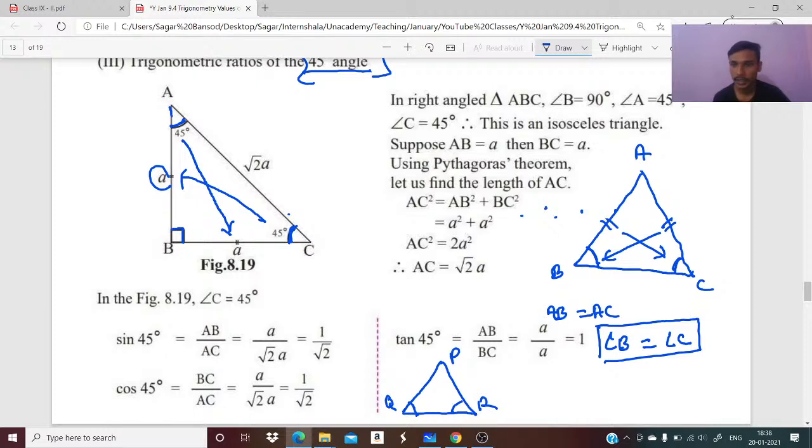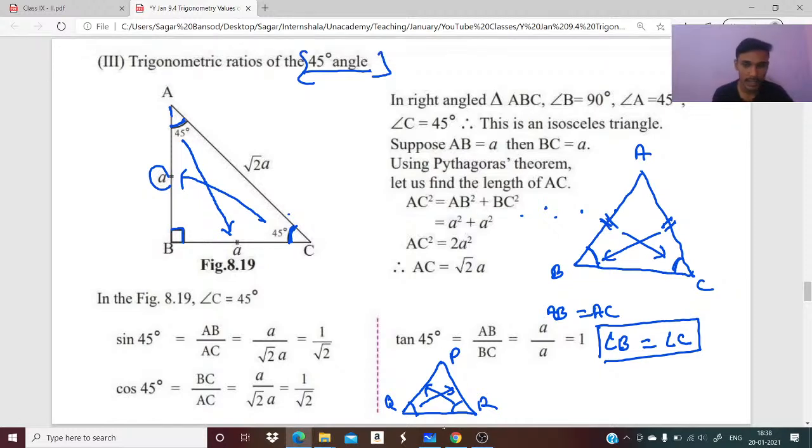In the theorem, what I had is that these two sides are equal and then these two angles are equal. But now here I have that these two angles are equal. So using this theorem I can say that these two sides will also be equal.